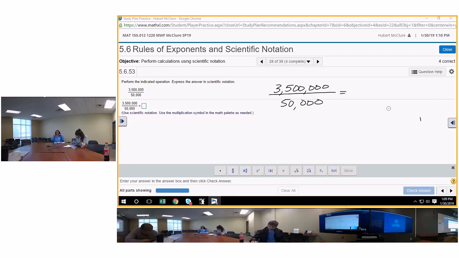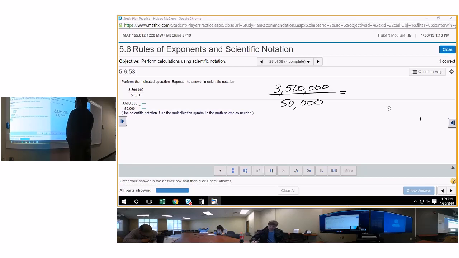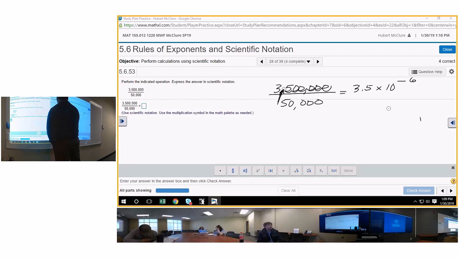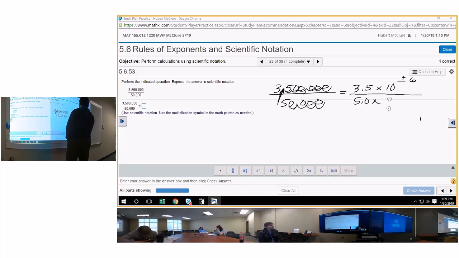All right, where does the decimal go on the big number on top? Between the 3 and 5. So 1, 2, 3, 4, 5, 6. 3.5 times 10 to the 6. Which way did I move this decimal in my head to get it back the way it was? To the right. Over 1, 2, 3, 4. 5.0 times 10 to the 4. Same thing there. Now what's 6 minus 4? 2.